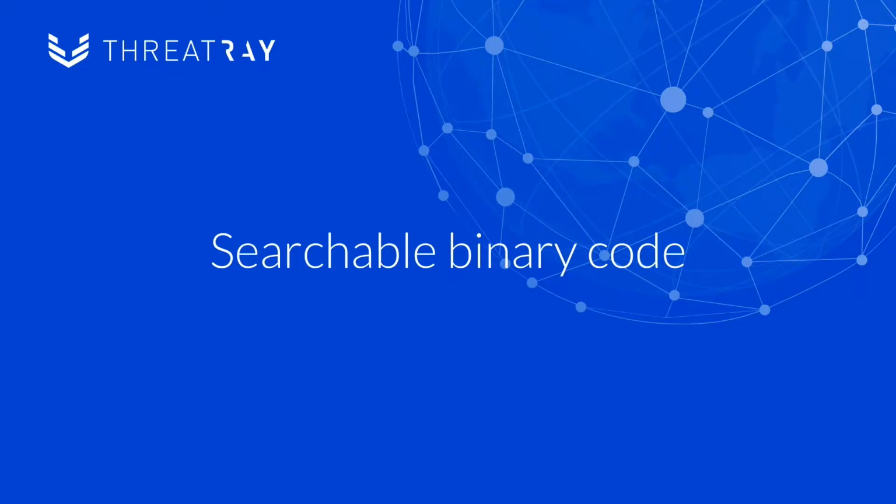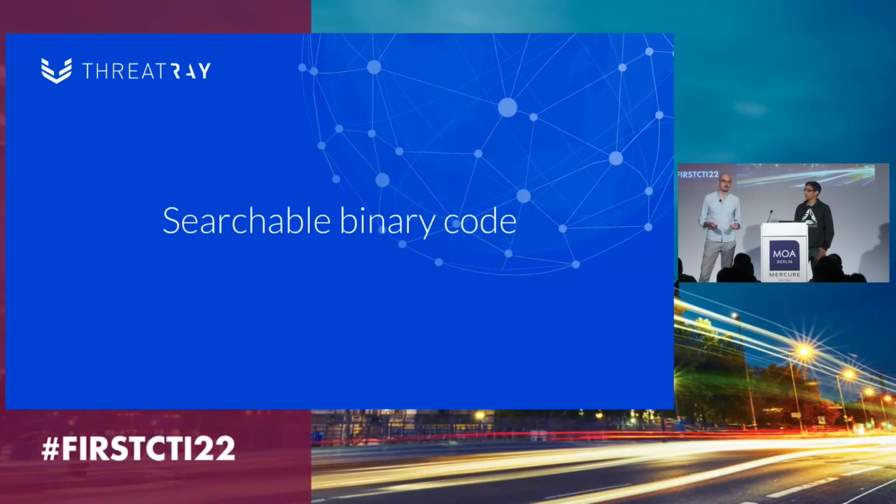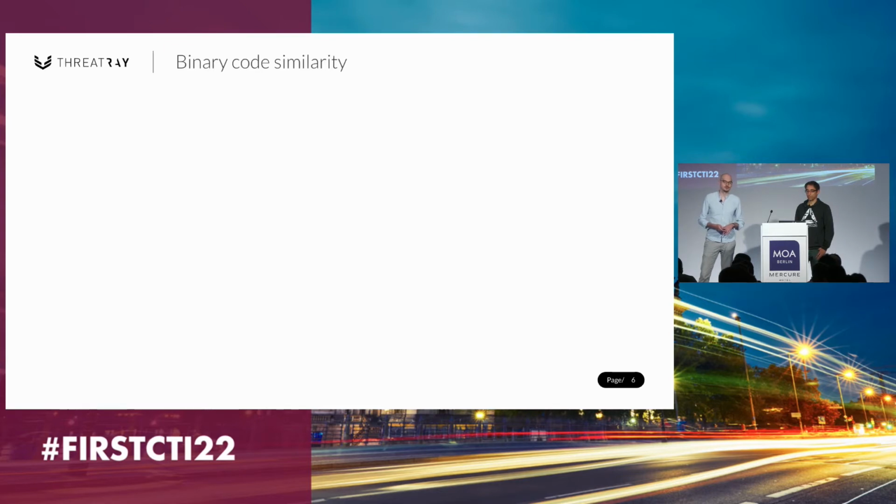Before I talk about some concrete applications and use cases, let me give you an impression of what it means to have searchable binary code. To have search, you always need some sense of similarity between two entities, like two URLs. In this case, what is similarity between two entities of binary code?